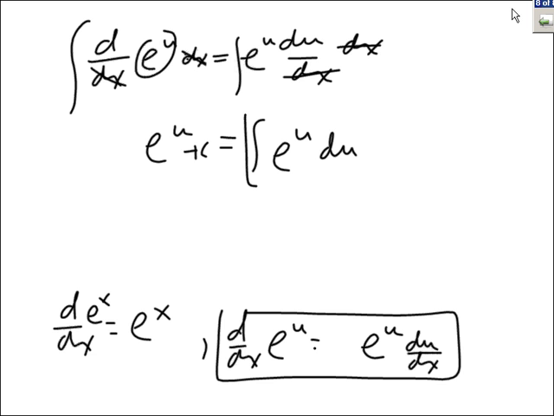That is, the integral of e to the u du is e to the u plus a constant. But you better have e to the u du, not something other than du. That will not make it.